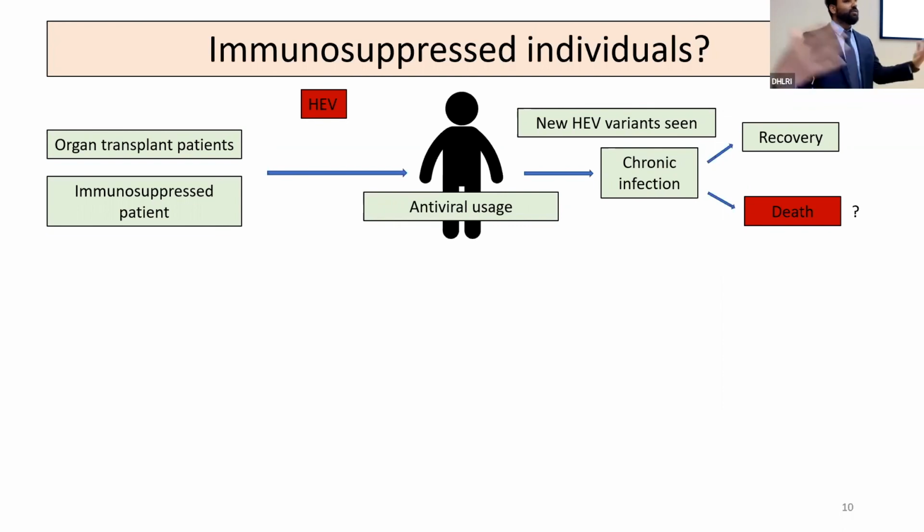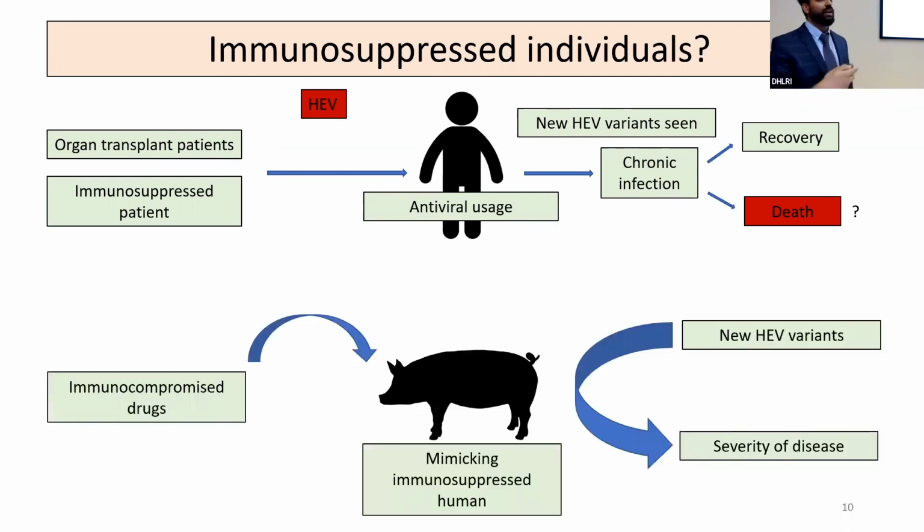During that time, the doctor will prescribe an antiviral. And now what's happening is, instead of the virus getting cleared, the virus is able to make a mutant, so a new variant is seen. And most of the time, the ultimate outcome is either the patient recovers or there is a death. So what Kenney Lab is doing is utilizing a pig model.